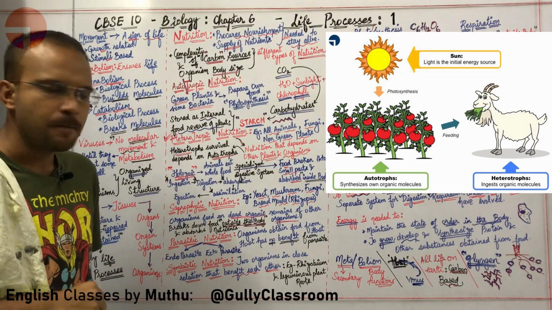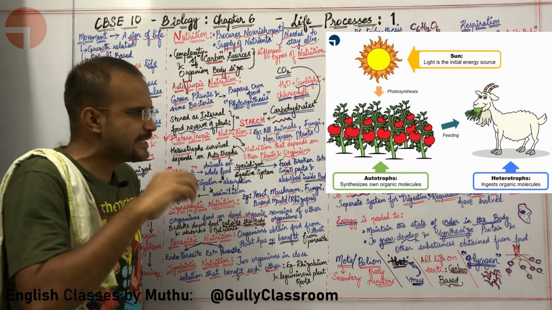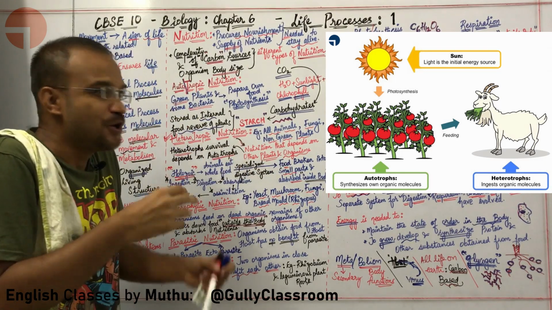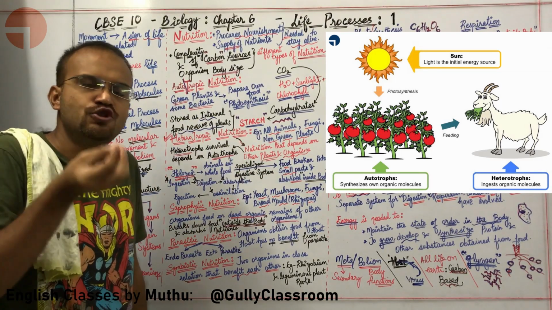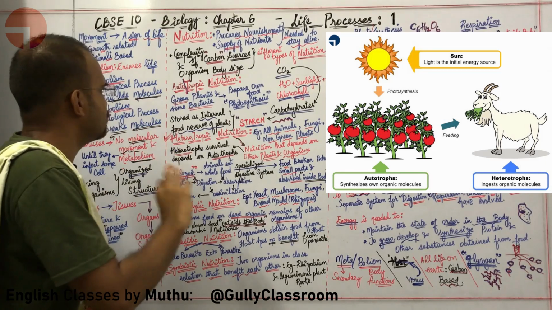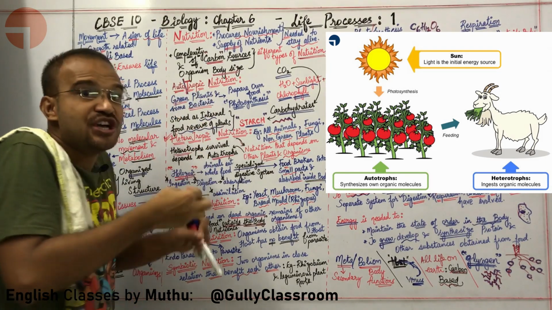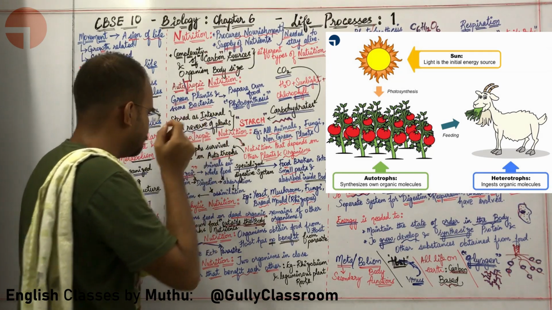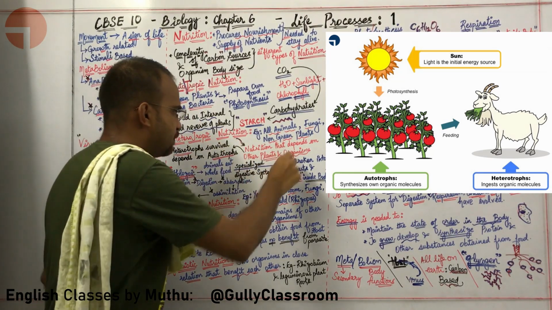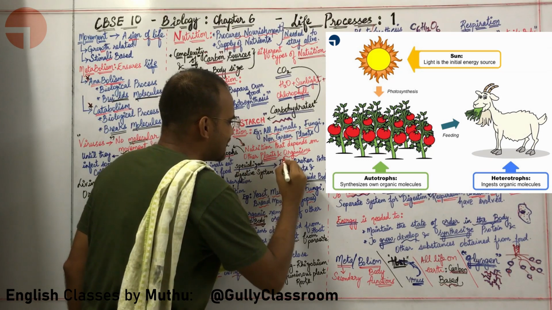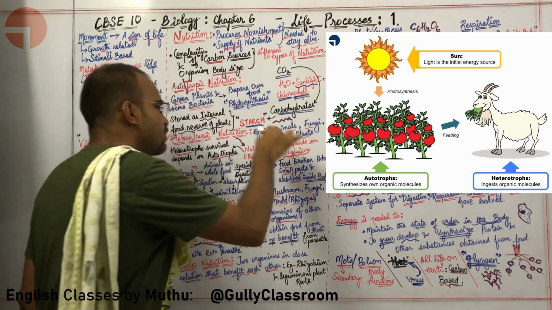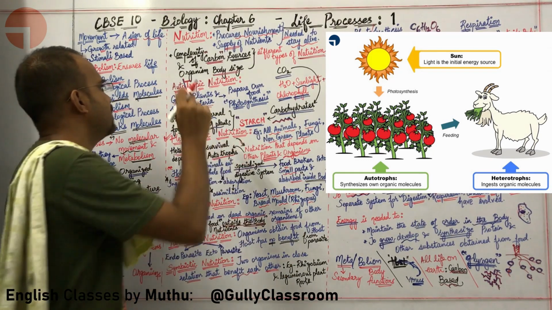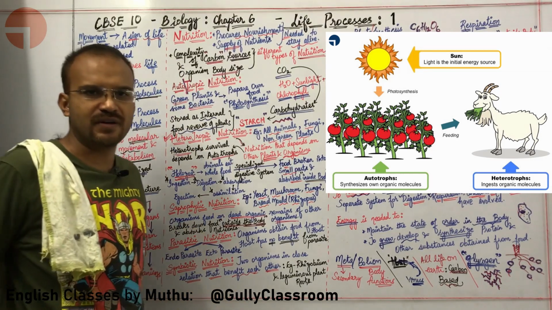For example, a rabbit, a goat, human beings usually consume a lot of plants, a lot of autotrophs, in order to stay alive. So heterotrophic nutrition means a nutrition that depends upon other plants and animals, usually autotrophs, for their survival.